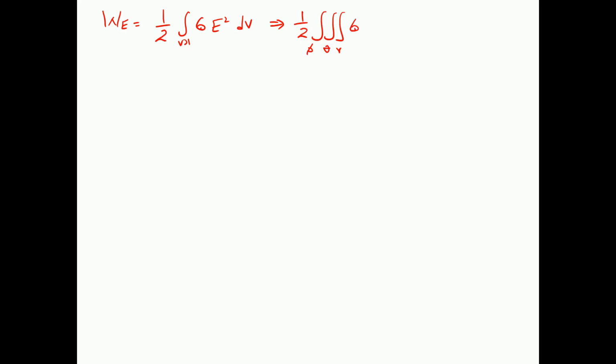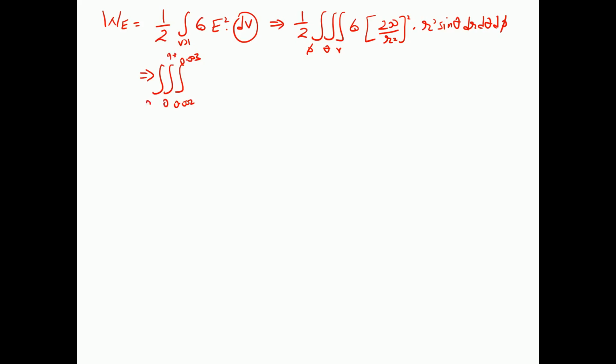The value of epsilon as it is, and E square becomes 200 divided by r square, whole square, and dV is the differential element of the spherical coordinate system, so its value is r square sine theta dr d theta d phi. The ranges of the integrals are: r is from 0.002 meter to 0.003, theta is from 0 to 90 degrees, which is pi by 2, and phi is always from 0 to 90 degrees in this case.